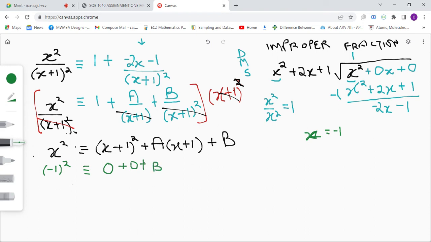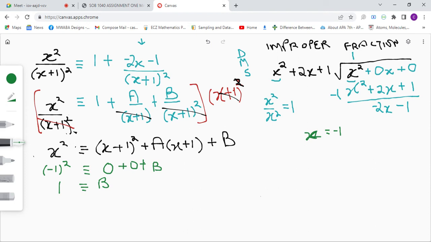And we remain with b. So (-1)² equals 1. Therefore, b equals 1.